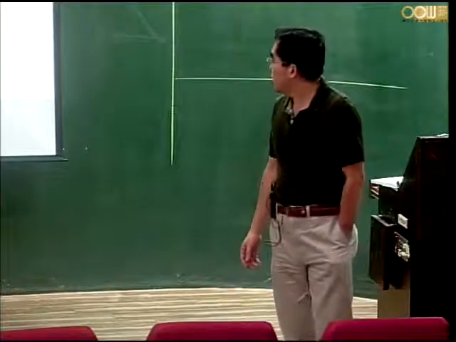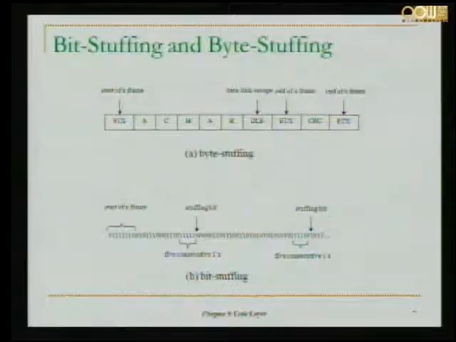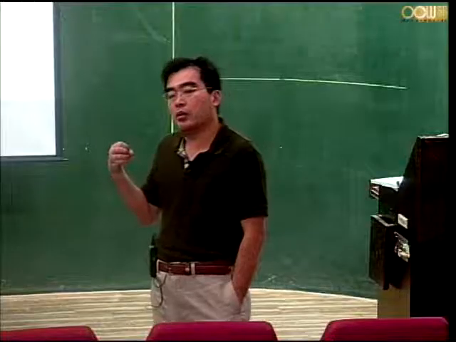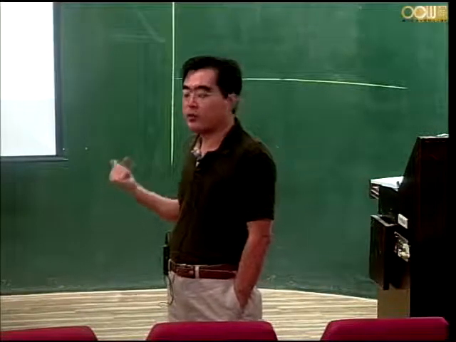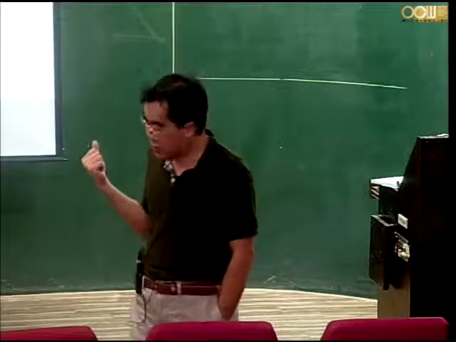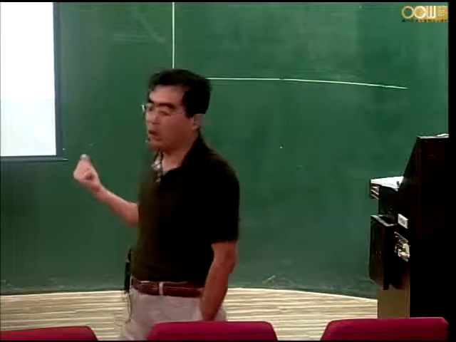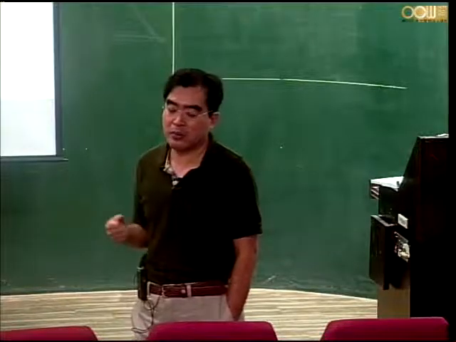In Ethernet, you will see that Ethernet uses the special bit pattern to signal the start of a frame. However, it doesn't use this to signal the end of the frame.